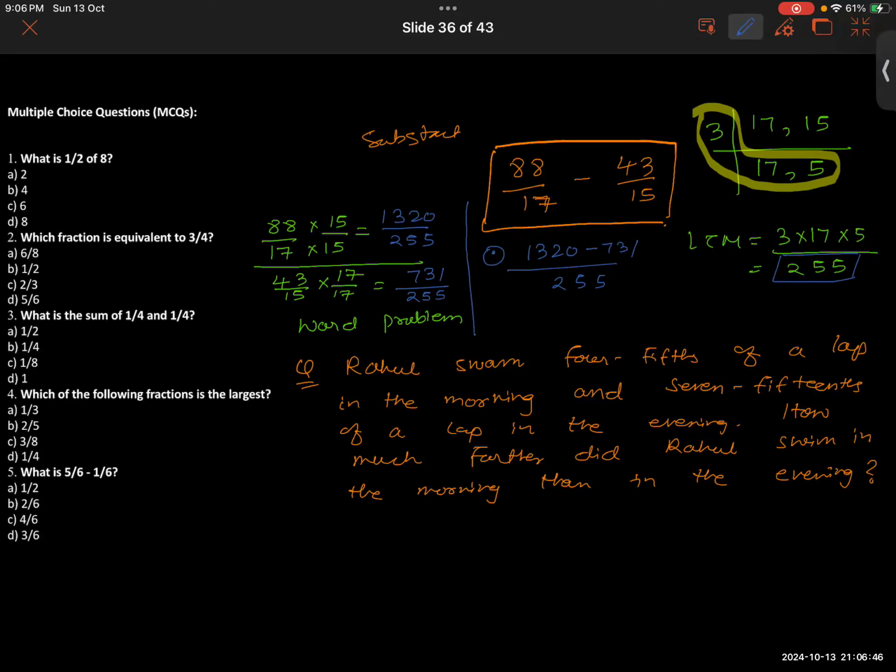Should I do this word problem? No, are you done with the previous question? Yes. What answer are you getting? After subtraction. I didn't do that yet. No, do the subtraction quickly.